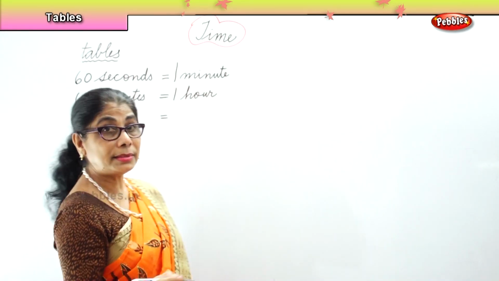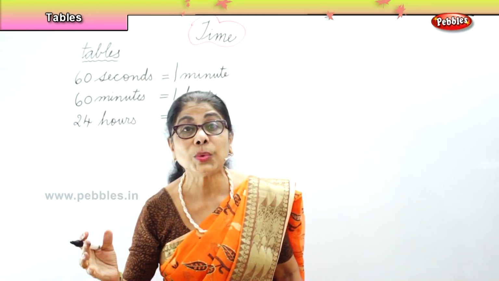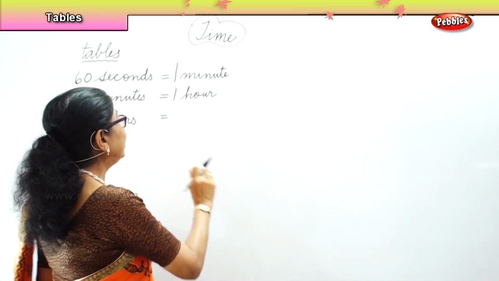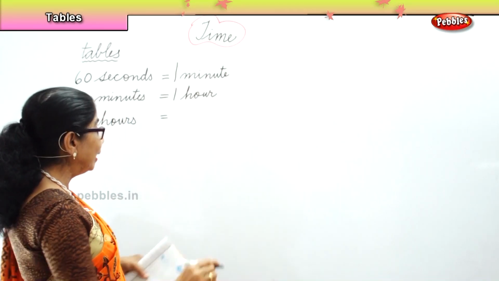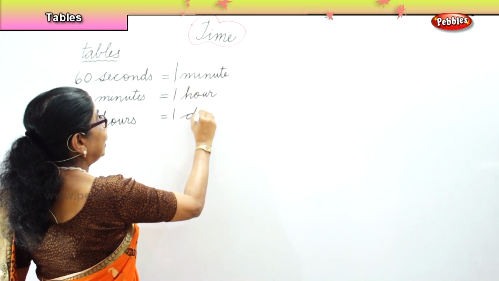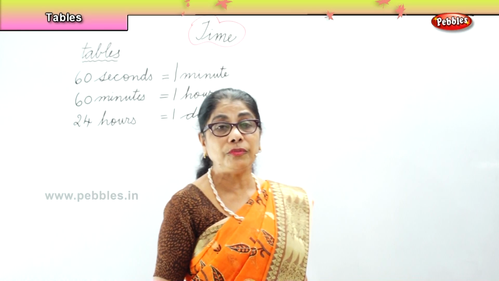When the sun rises and comes on top, midday, 12 o'clock, that is 12 hours. Again the sunset. So 12 plus 12, 24. So 24 hours equal to what? 1 day. 24 hours equal to 1 day. Every day makes up 24 hours.